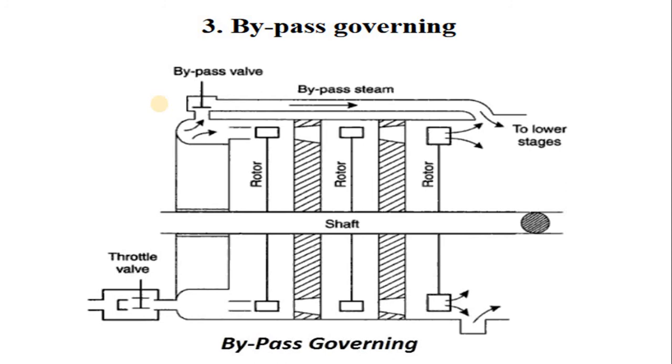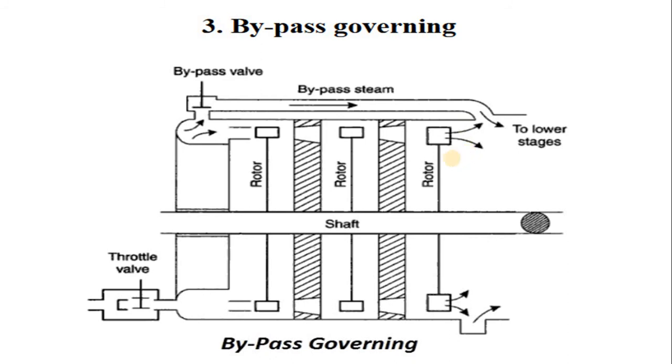If we want more pressure or more quantity of steam at the end of the stages, then bypass governing is used to fulfill the steam requirement of the lower section. Here we can bypass some amount of steam from the first stage and give that steam to the lower stage where it is required.